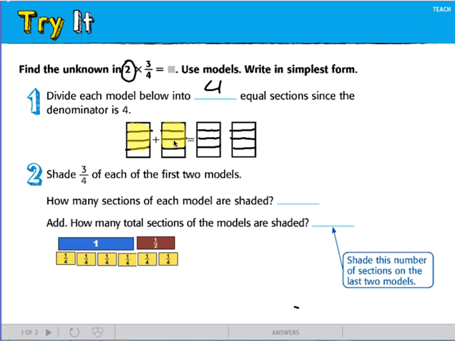Then I'm going to count. So how many sections of each model are shaded? 3 sections. Says add how many total sections of the model are shaded. So how many total sections are shaded? 6. So in my answer, I want to shade in 6.